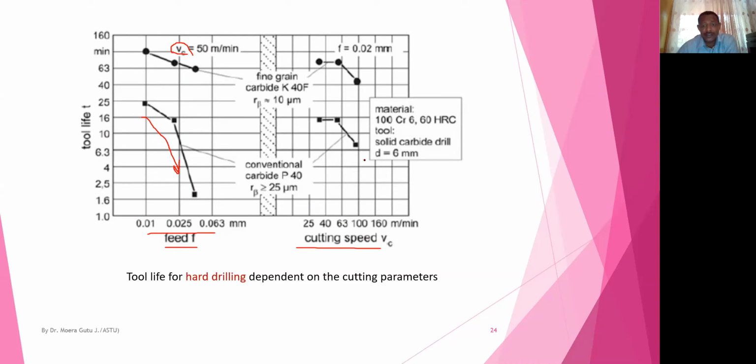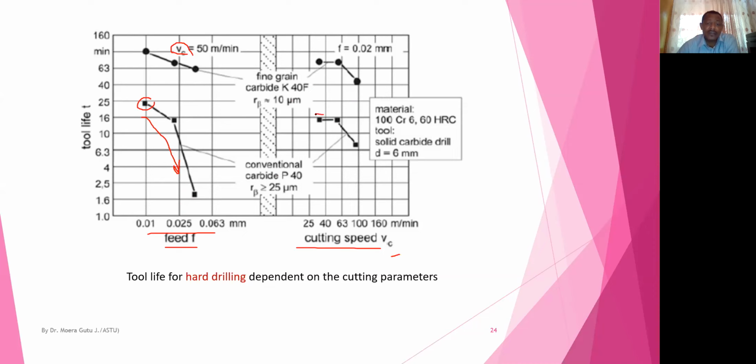So as the speed increases, as the cutting velocity increases, the tool life deteriorates. Even though for different materials, you will have an optimized cutting speed and optimized cutting feed for a given workpiece material. And you cannot say that the tool life is good here for this material.